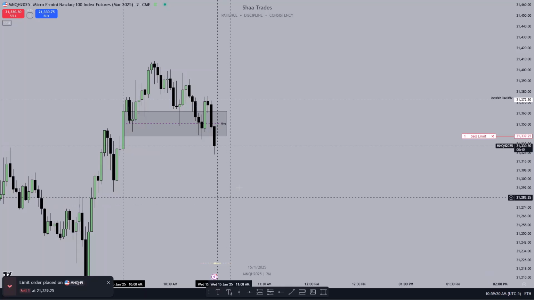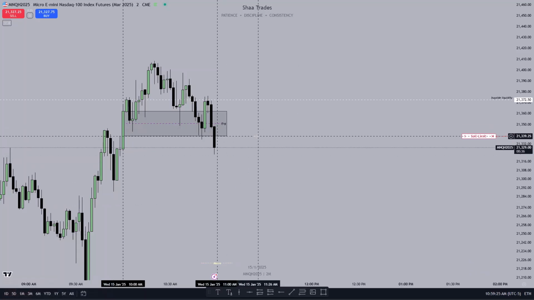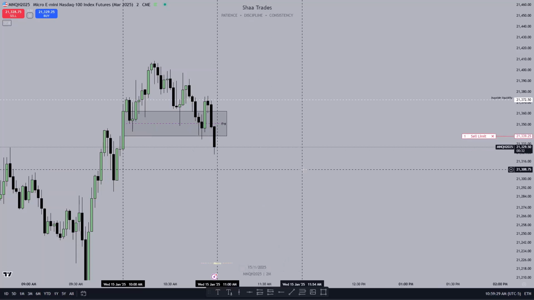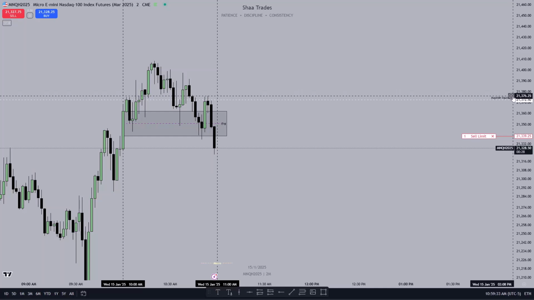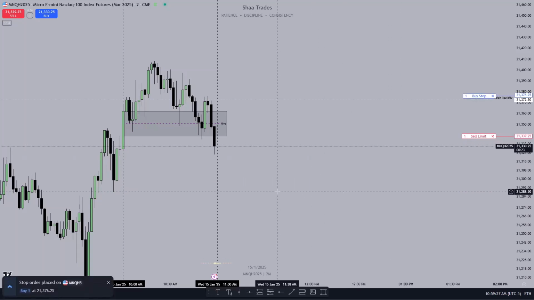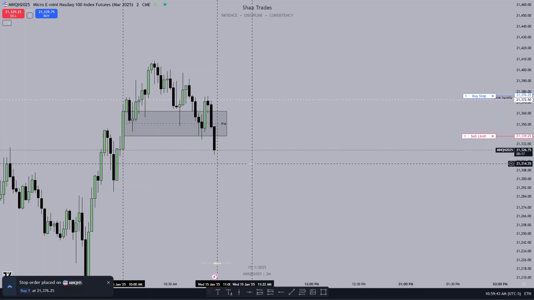Sometimes it would just take off, but for me, I like to set a limit order for it to come back there and then drop. So I'm going to put a stop loss above here, and I'm just gonna wait to see if price is gonna come back here and then go below.